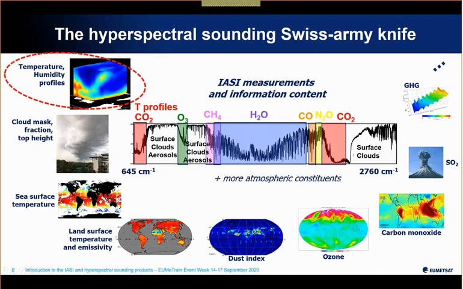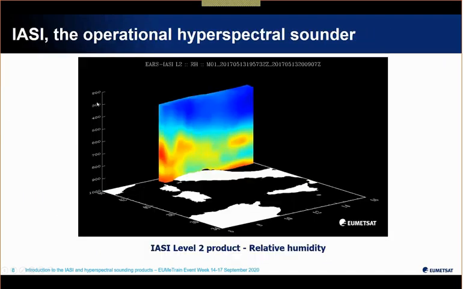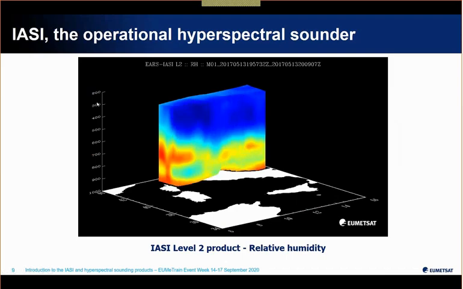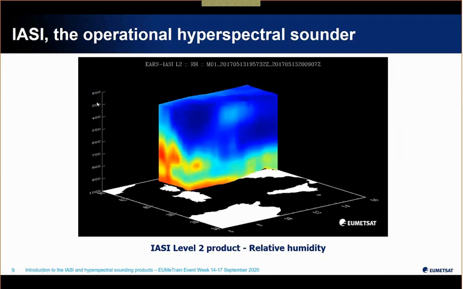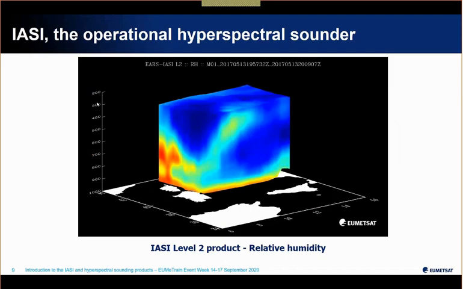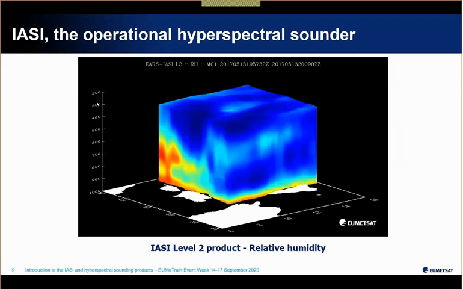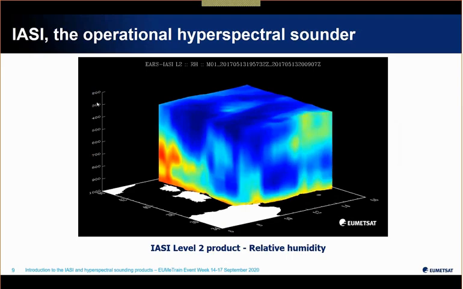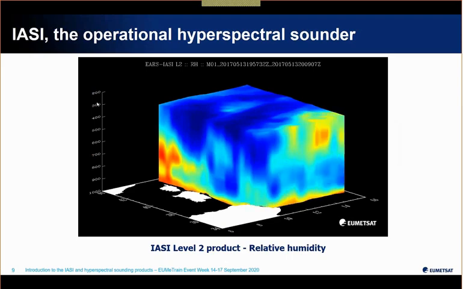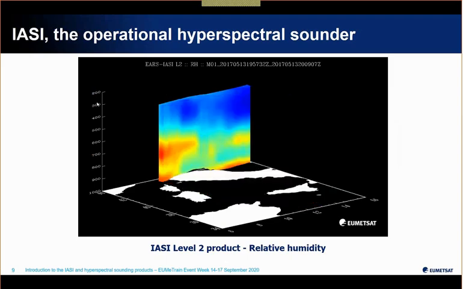The talk today will focus on the temperature and humidity profiles, and ultimately we managed to deliver such products. This is a relative humidity field, one extracted from the regional service, and I will come back to that, and I will explain how we managed to make retrievals in the complete field.